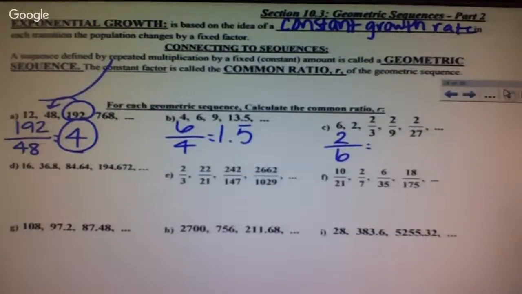Then you want to hit math and choice number 1, and it will change that decimal into a fraction for you. So if it starts as a fraction, I would leave it as a fraction. You said 1/3? Okay. So 1/3 is what we multiply by each time. So take a minute or two and find the R values of the next 6, and then we will go over them.